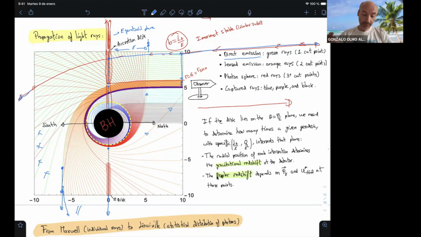Okay, so this means that a photon emitted at this point can reach the detector. It's moving in that direction and gets to our detector. This is part of direct emission because this is the first intersection. All these geodesics are direct emission: the photon is emitted and gets to the detector. This other photon, if it is emitted in this direction, obviously will not reach the detector.